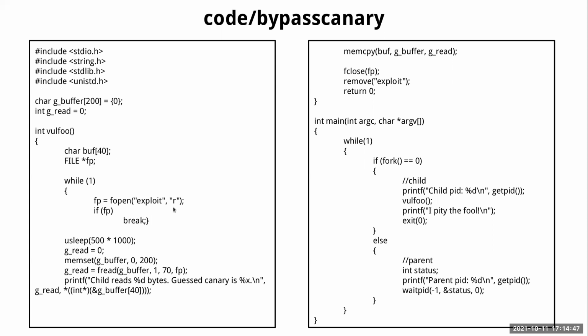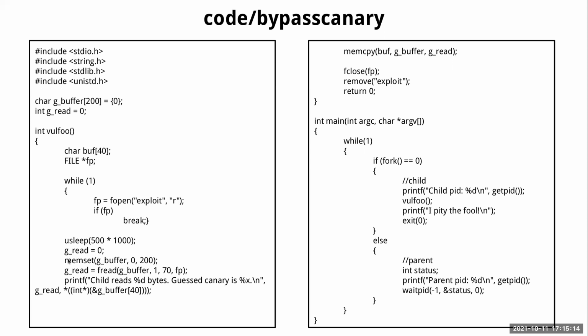It will only read that exploit file. If that file doesn't exist, it will try again, in a small while loop, until it finds and opens that file. After that, it will sleep a little bit. The reason I put a sleep here is just to synchronize, because we are going to write a lot of programs to write to the local exploit file.